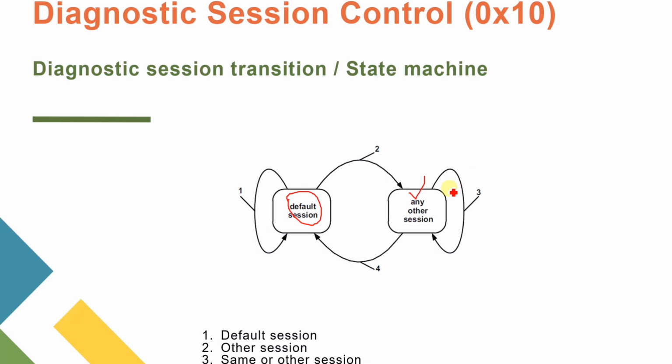And when the server transitions from any diagnostic session other than default to another session other than default, including the currently activated diagnostic session, the server shall reinitialize the diagnostic session, which means that each event that has been configured in the server via the response on event 86 service, one of the services used to configure some configuration in the server.